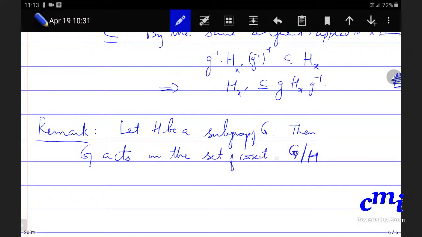So G mod H need not be a group. It is just a set, a set of cosets of H.